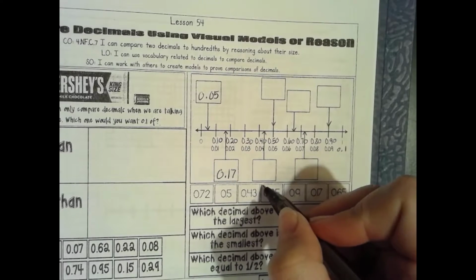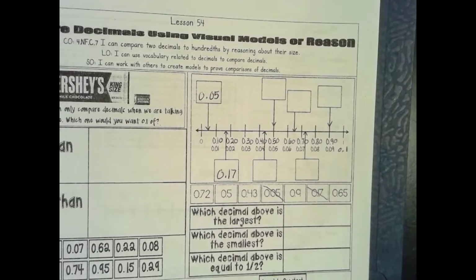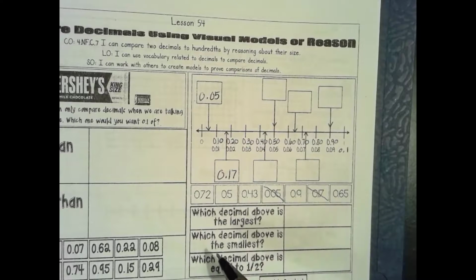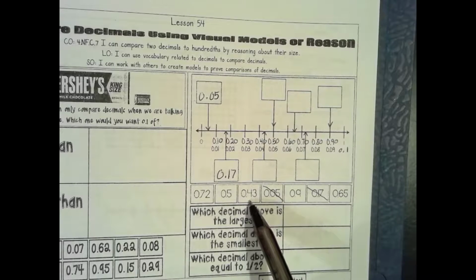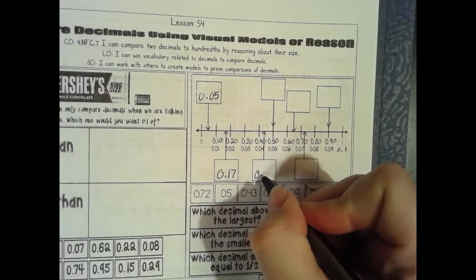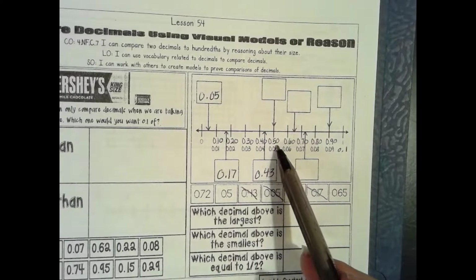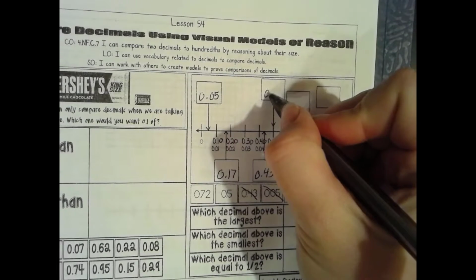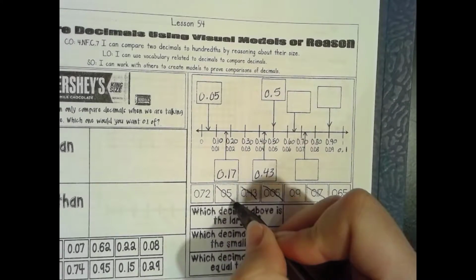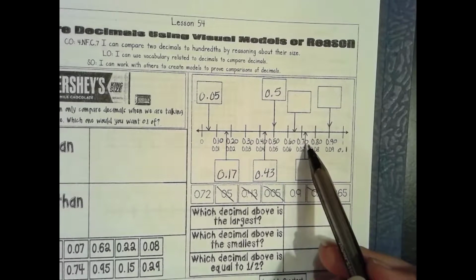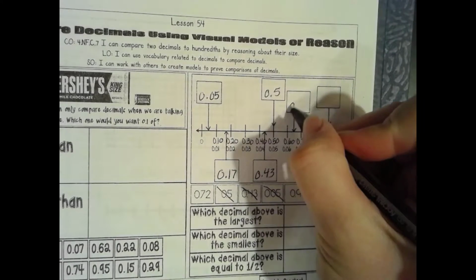Okay, I'm going to cross them out once I use them. Okay, between 4/10 and 5/10, or 40 hundredths and 50 hundredths, that would be 43 hundredths. Exactly 50 hundredths would be 5/10. Between 6/10 and 7/10, or 60 hundredths and 70 hundredths, would be 65 hundredths.